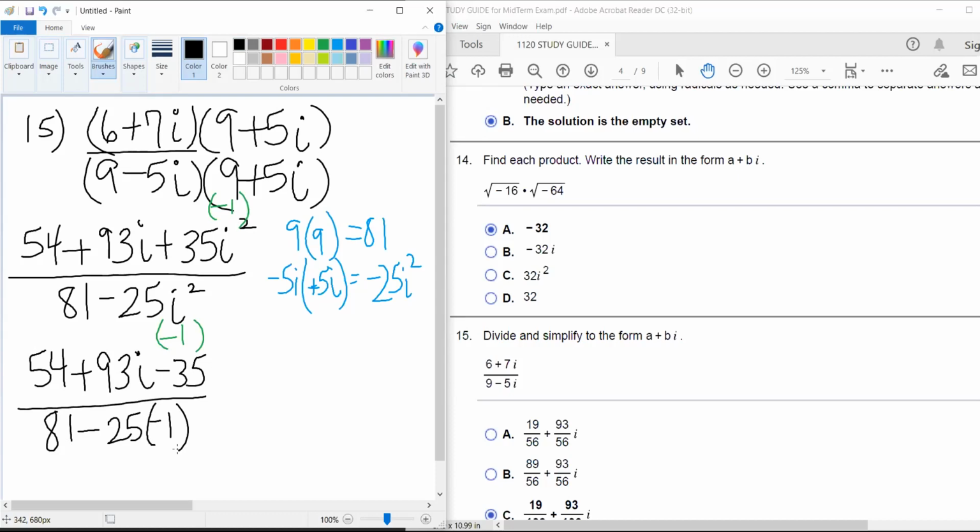Now up top, combine your integers. So 54 minus 35 is 19 plus 93i. In the denominator, a negative 25 times negative 1 is a positive 25. And that gives us 106 in the denominator.